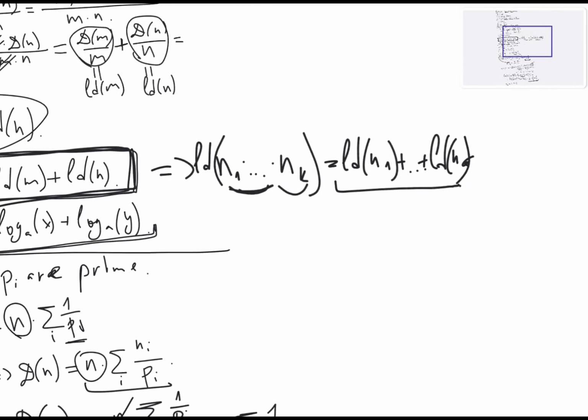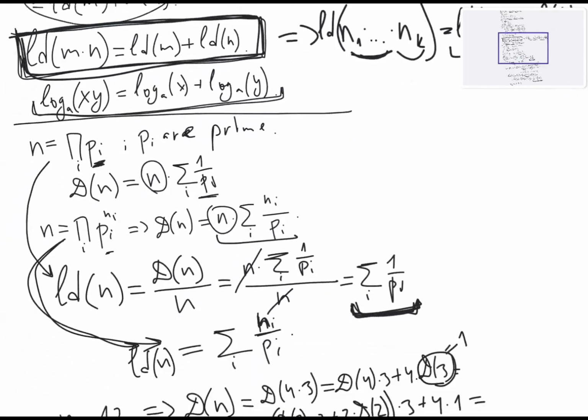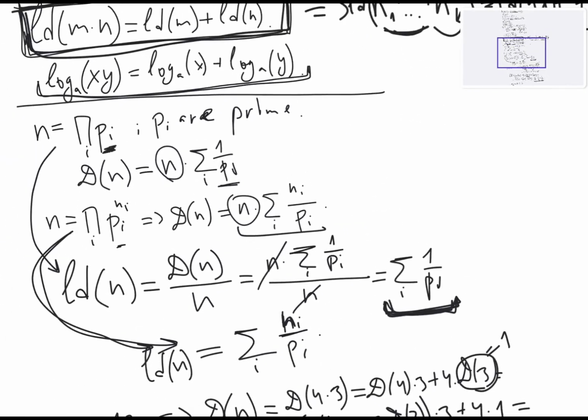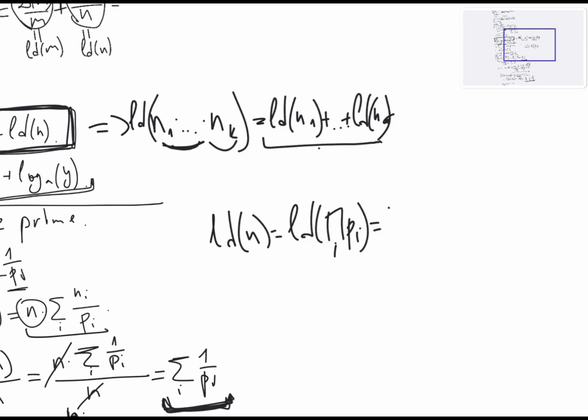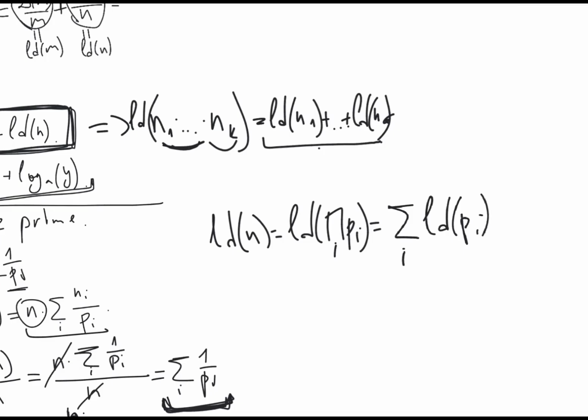And then when n is equal to this product, we simply see that LD of n is equal to LD of the product of these prime numbers pi. By this formula it would be equal to the sum of LD of pi, and for a prime number, the logarithmic derivative is simply equal to 1 over pi.